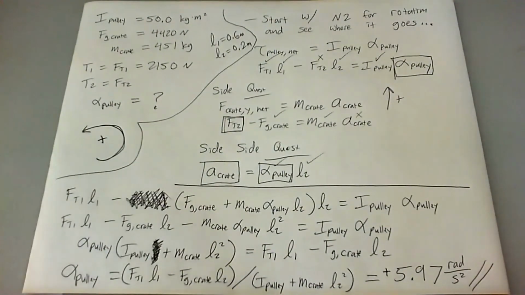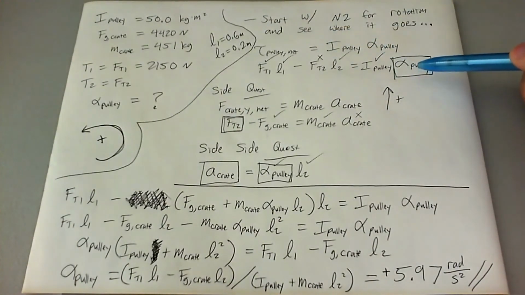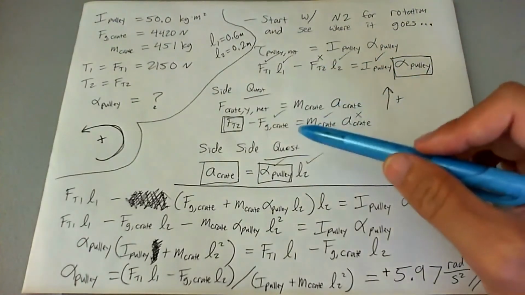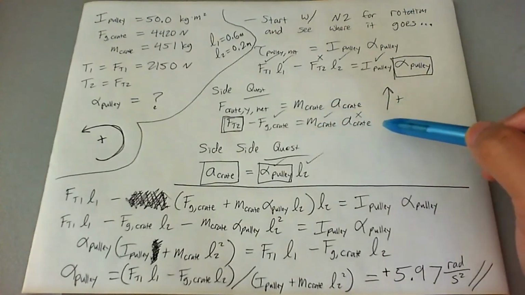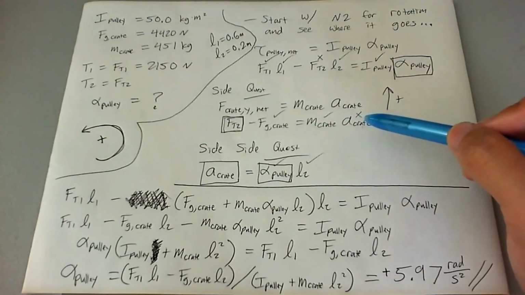So let's go ahead and summarize what we did. We solved the problem using Newton's second law to try to get alpha. We figured out that we didn't have a component, so we took a side quest, used Newton's second law for the crate instead of just the pulley.